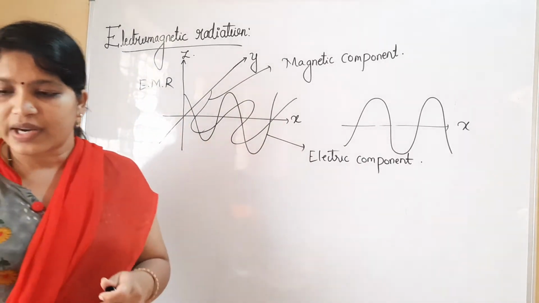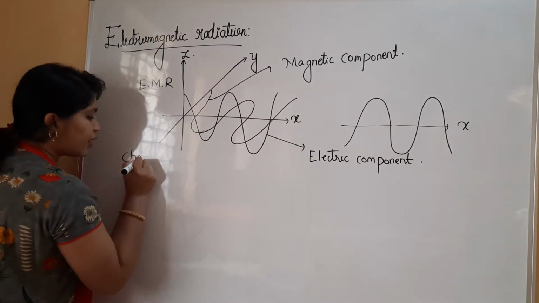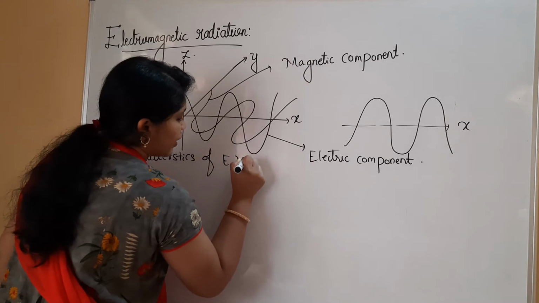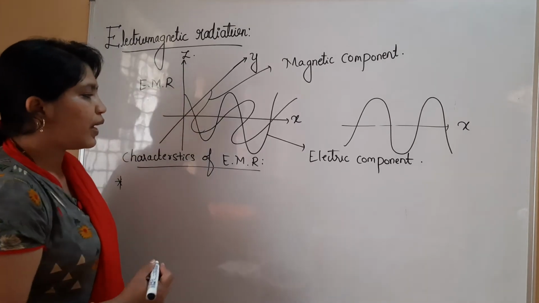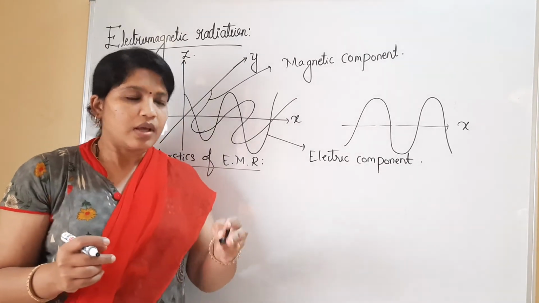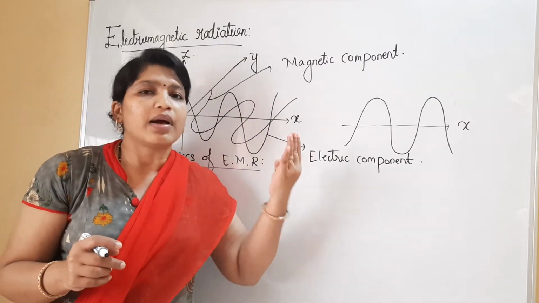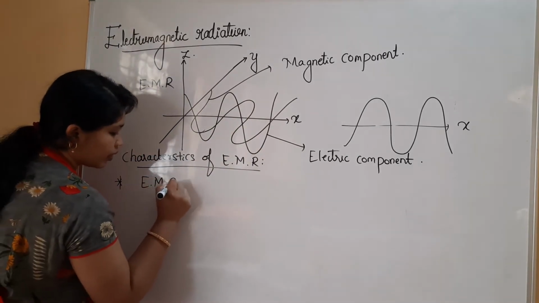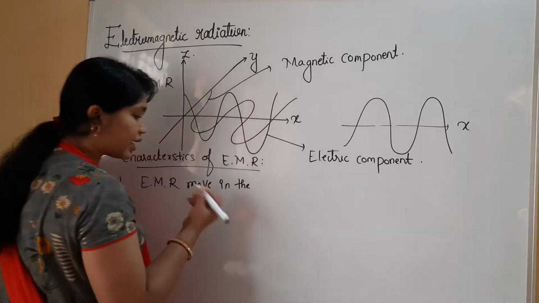And I must write some points here, which are referred to as characteristics of electromagnetic radiation. The very first characteristic I must mention is that electromagnetic radiations move at the speed of light.